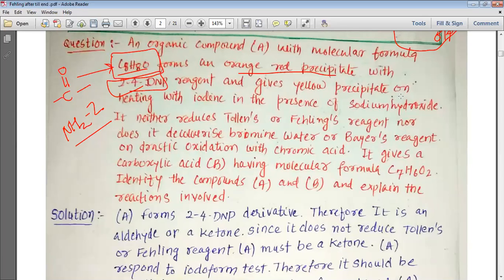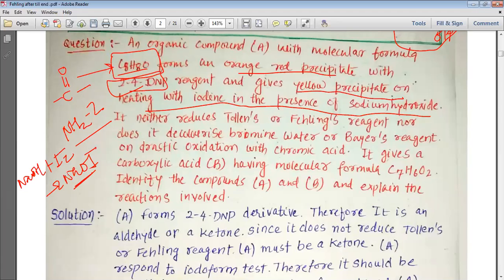It also gives yellow precipitates on heating with iodine in the presence of sodium hydroxide. You know, my dear students, you have NaOH and you have I2. It will give you NaOI, which is the reagent for the haloform test or iodoform test, and yellow precipitates are obtained on heating.